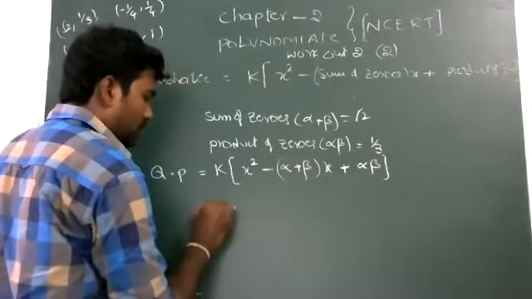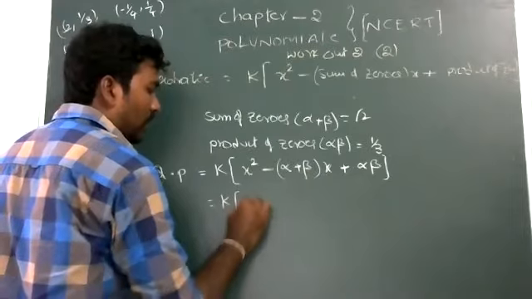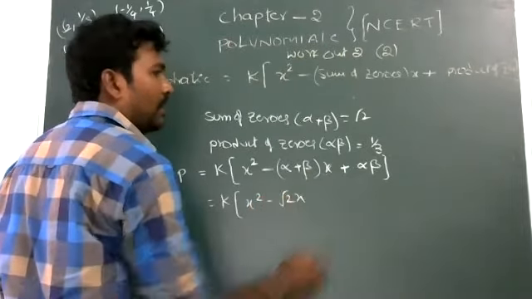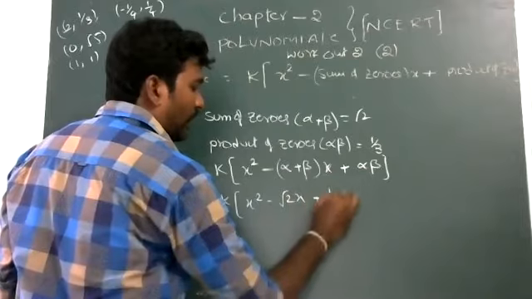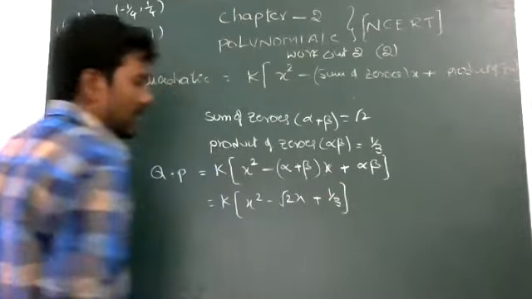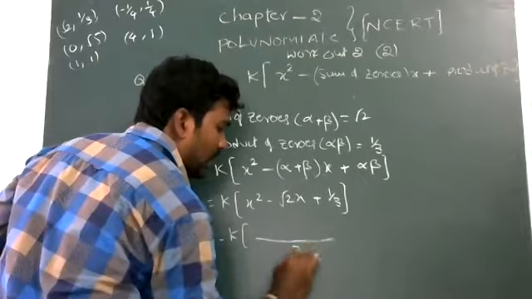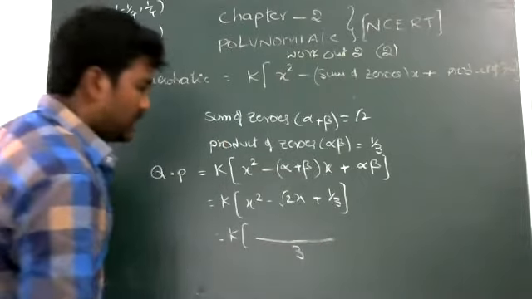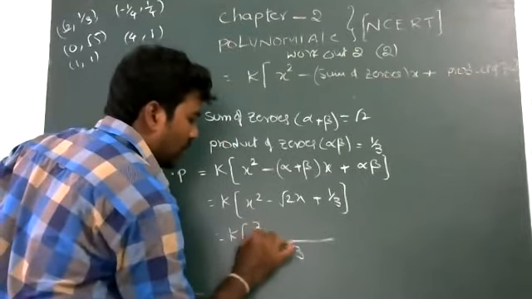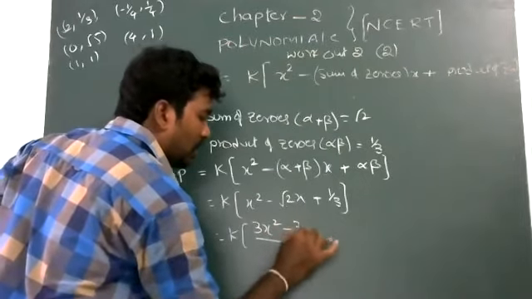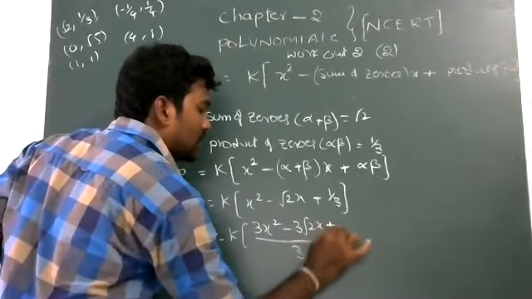So that equals k into (x square minus root 2 x plus 1 by 3). Now what is the LCM? 3 is the LCM. Now 3 into x square, 3x square minus 3 root 2 x plus 1.